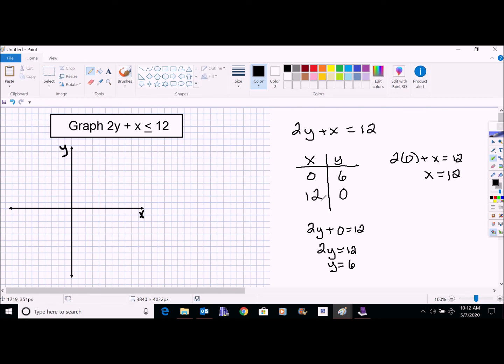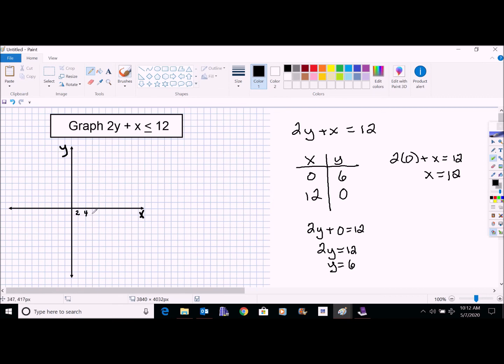You have a choice, because you're going to have to graph (12, 0). You can either go by ones, 1, 2, 3, and go all the way out to 12. Or, instead of going by ones, you can go by twos. It's okay as long as you mark on your graph that you're going by twos.